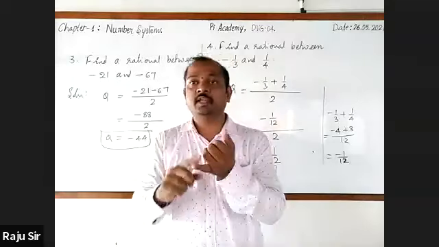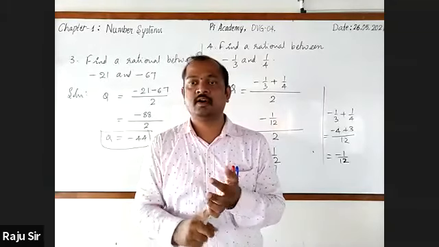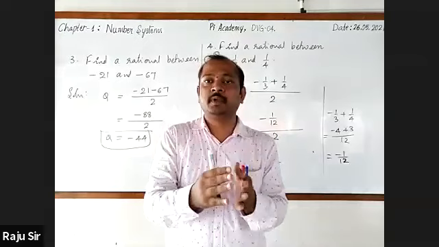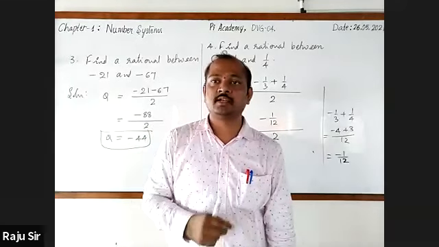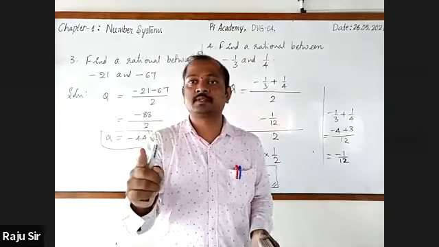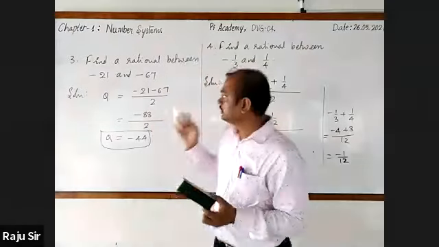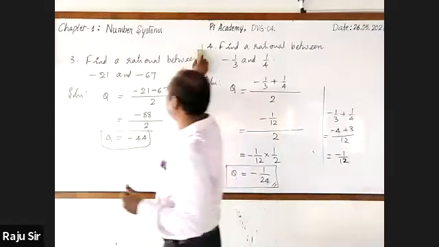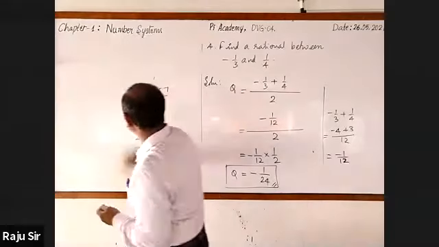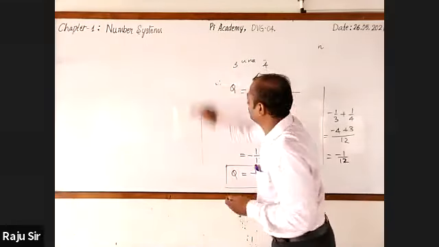Find any 4 rationals or any 6 rationals between 2 given rational numbers. So now let us focus on these problems. You have to continue in the worked examples only. Fifth question.